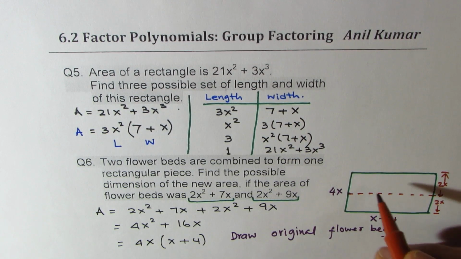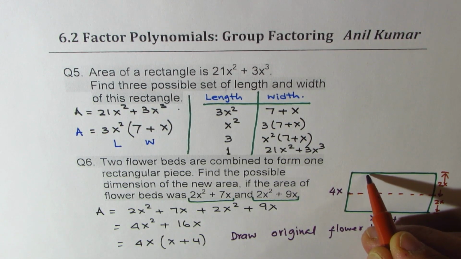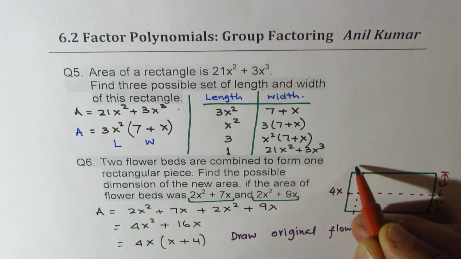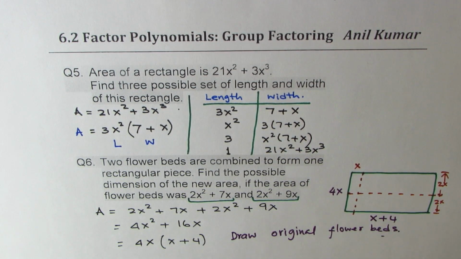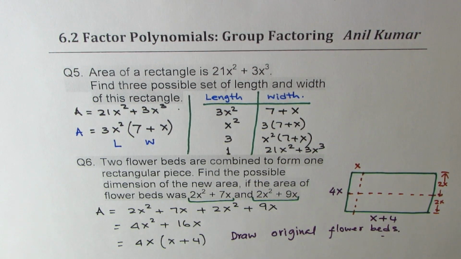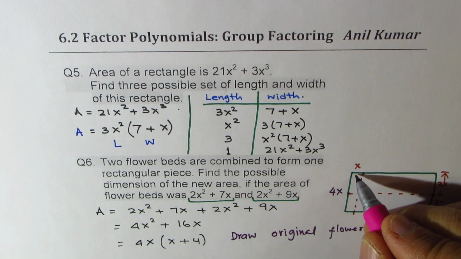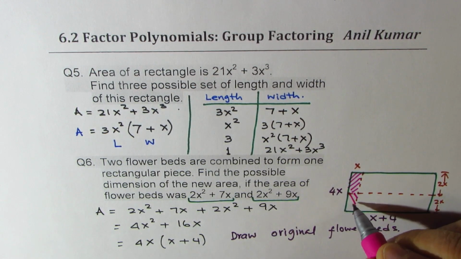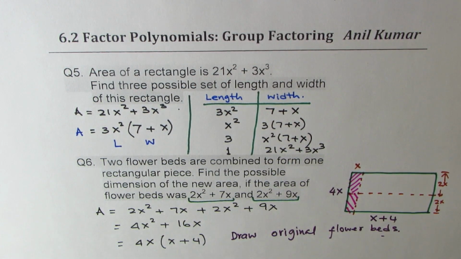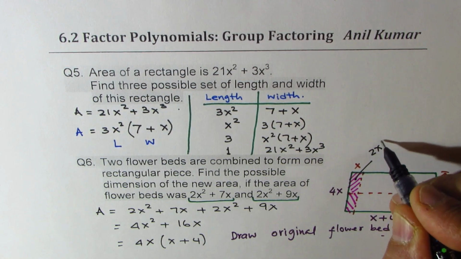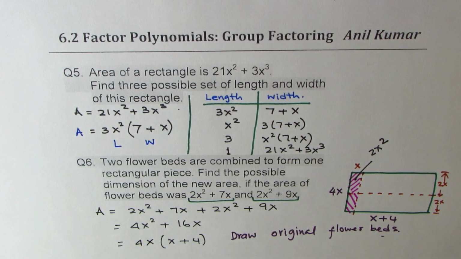So let's say this is x for us. If I have this as x, then these areas are each 2x squared, correct?